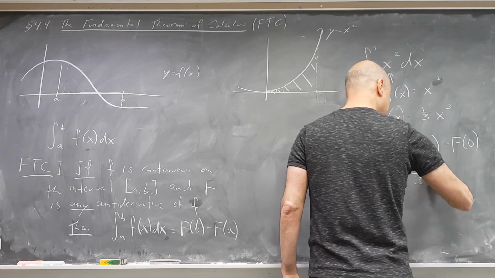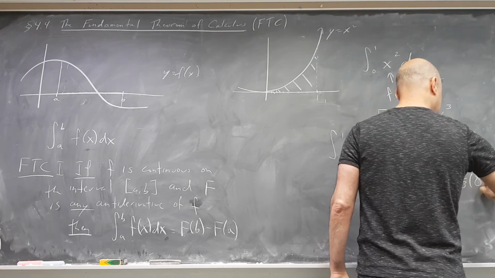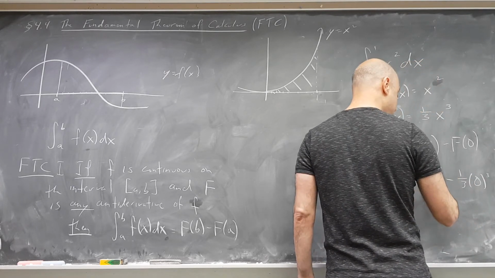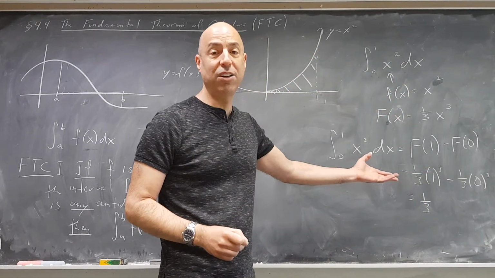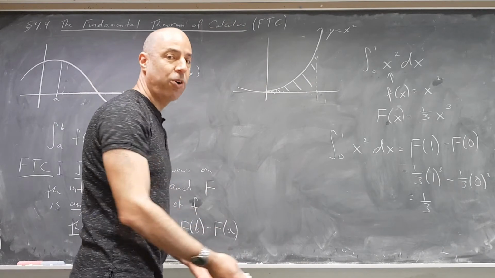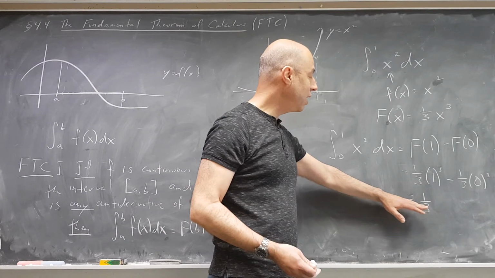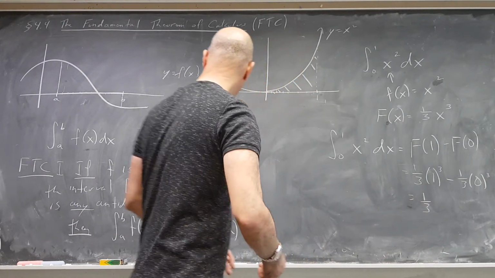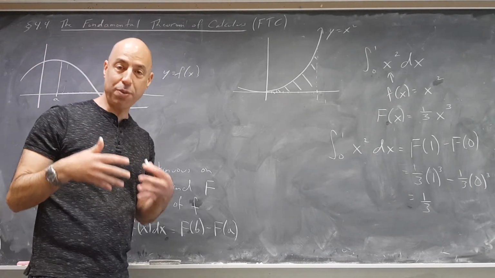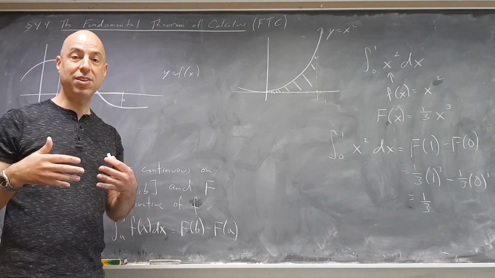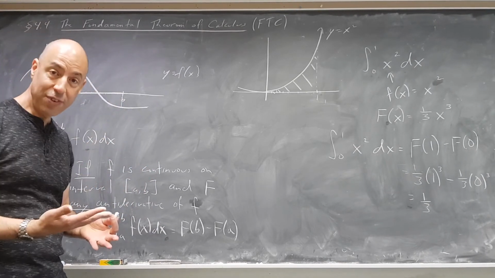So 1/3 times 1 cubed minus 1/3 times 0 cubed. In other words, 1/3 minus 0, 1/3. We did this in 3 lines. Remember how much work we had on both sides of the board over here. The fundamental theorem of calculus is incredibly powerful. It deserves its moniker because it ties together basically two central processes in calculus: that of taking definite integrals, areas under curves, and that of taking derivatives.